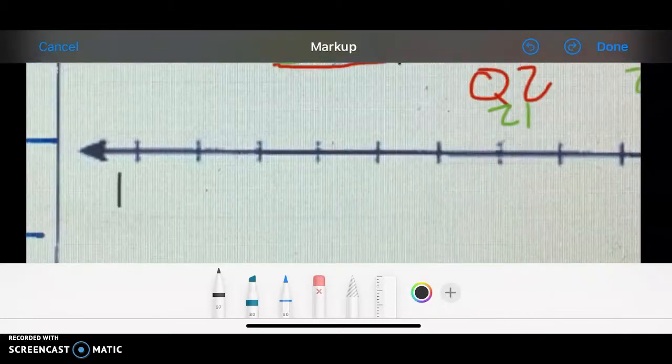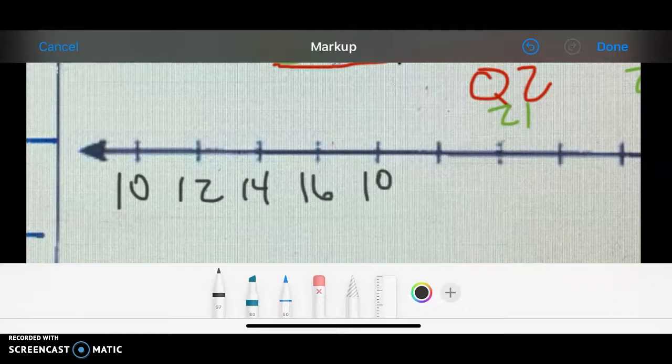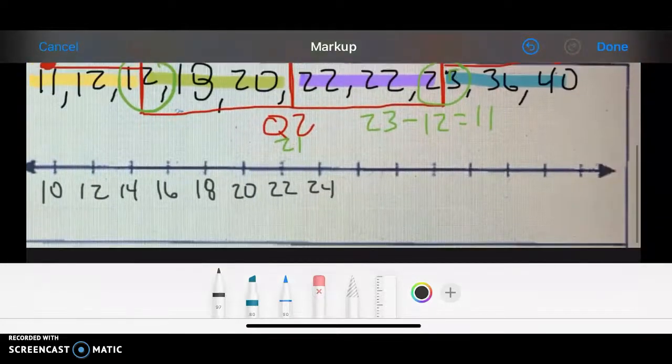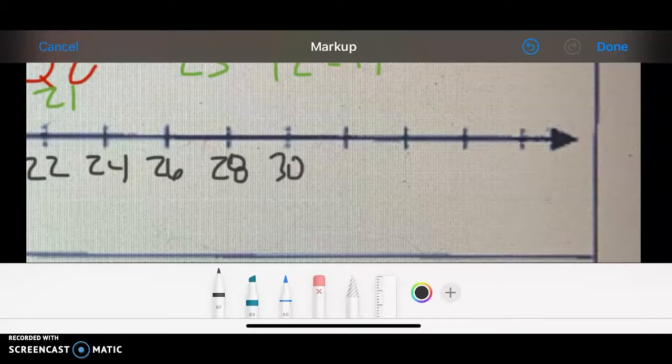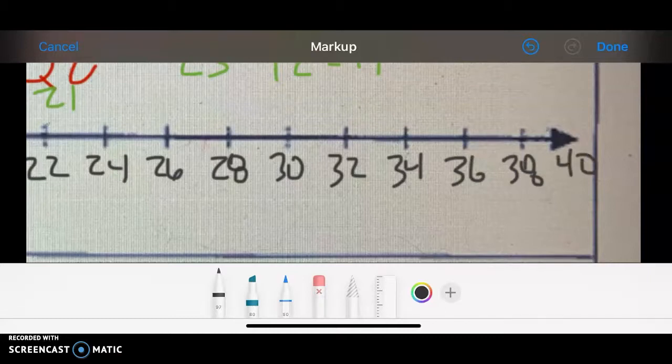We're going to go from 10 to 40, but we're going to go by twos. 12, 14, 16, 18, 20, 22, 24, 26, 28, 30, 32, 34, 36, 38. I'm going to go ahead and put 40 out here. 40. There we go.